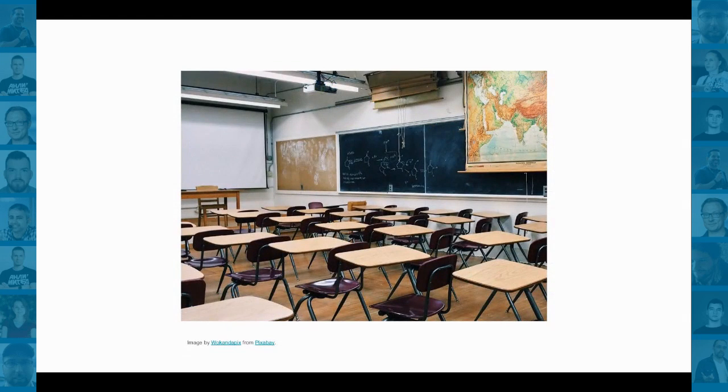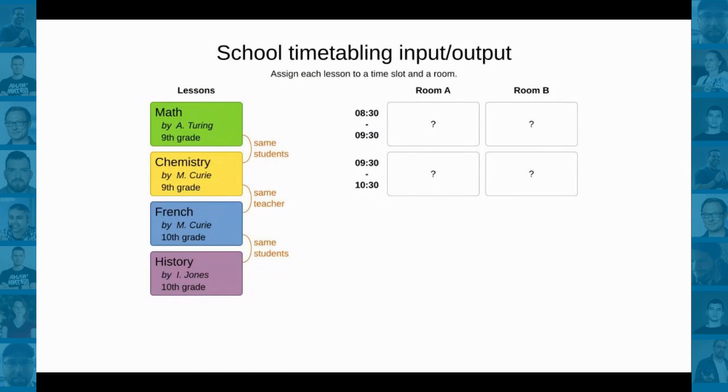We are in the middle of the summer and classrooms look like this. No teachers, no students. Soon this is going to change, and the first thing the school staff has to come up with is a new timetable for the next school year. What does this job involve?